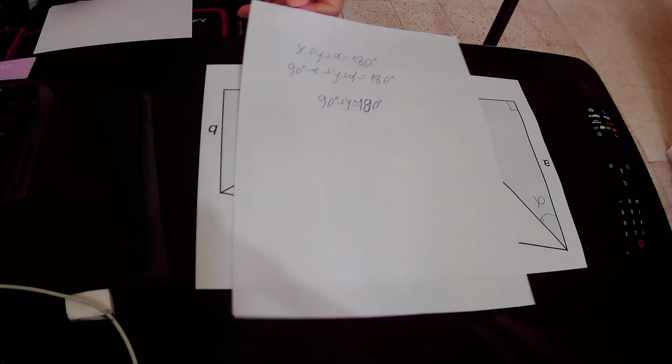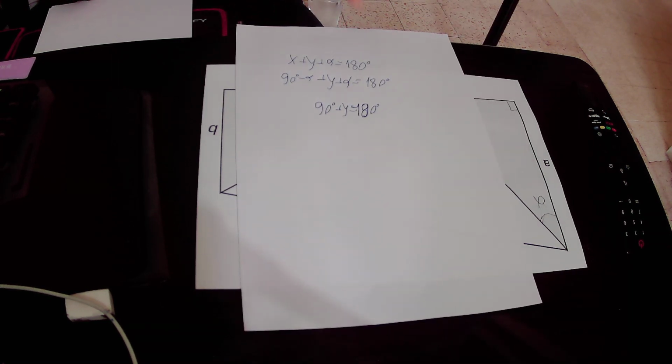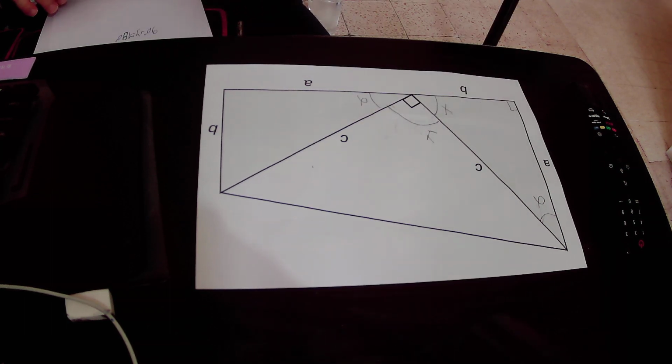So 90 degrees plus y is equal to 180 degrees, so we can subtract 90 degrees from both sides of the equation, and we will get that y is equal to 90 degrees.